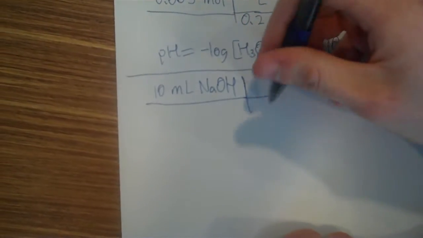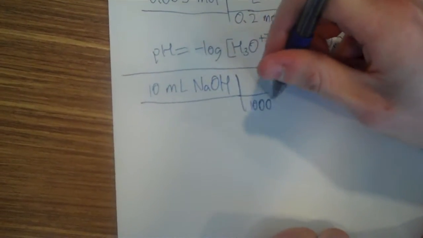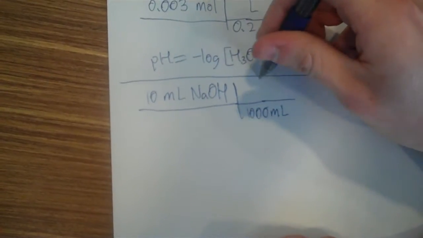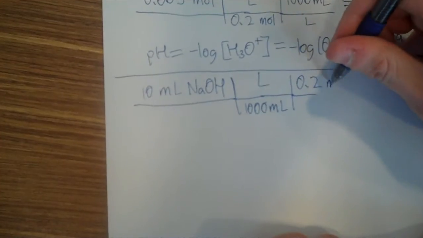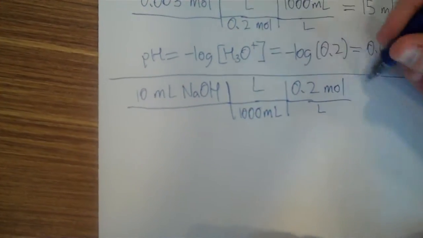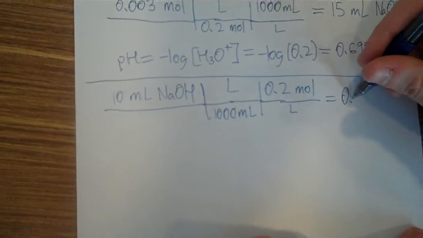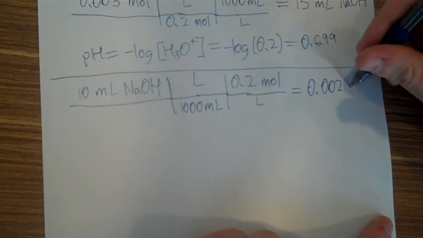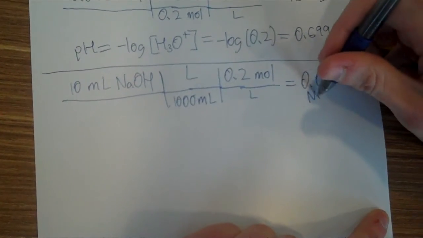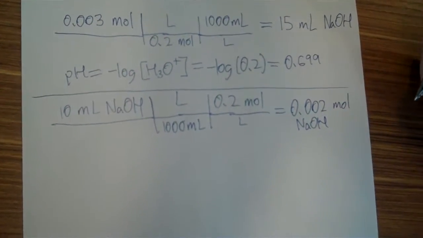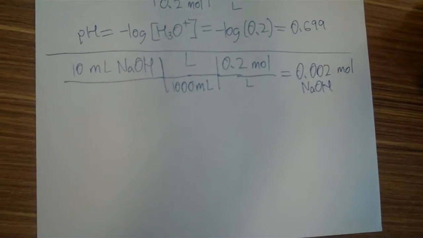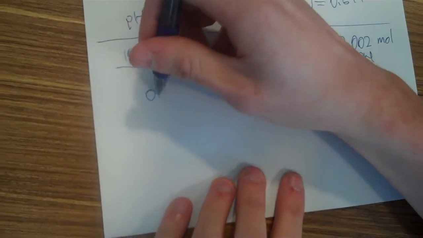So if you take 10 milliliters of sodium hydroxide, you can convert that to liters and use the molarity to get moles. 0.002 moles of sodium hydroxide are added. Then we're going to use a BAA table according to this reaction.